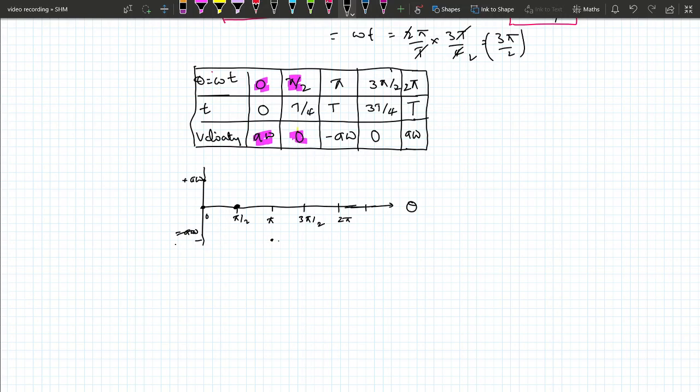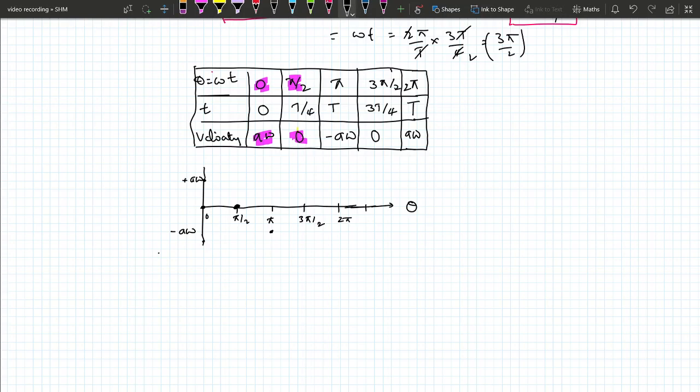I will write it here: pi is minus a omega. Mark the point here.